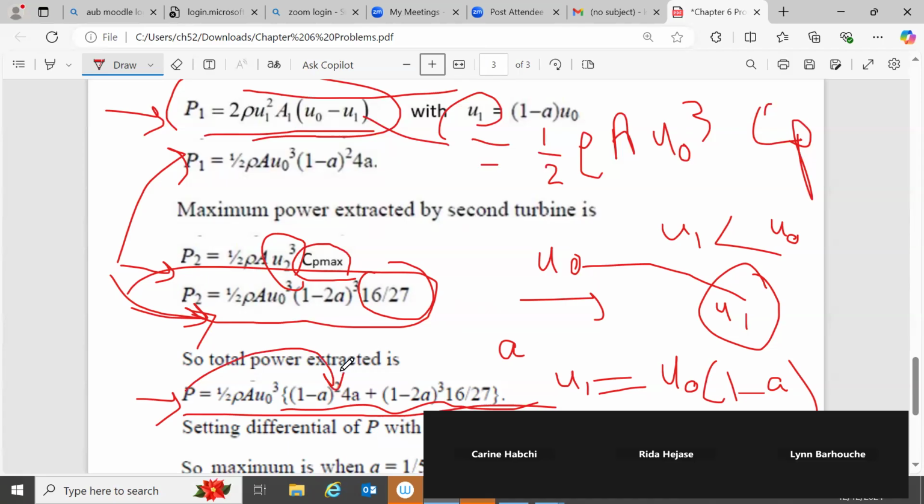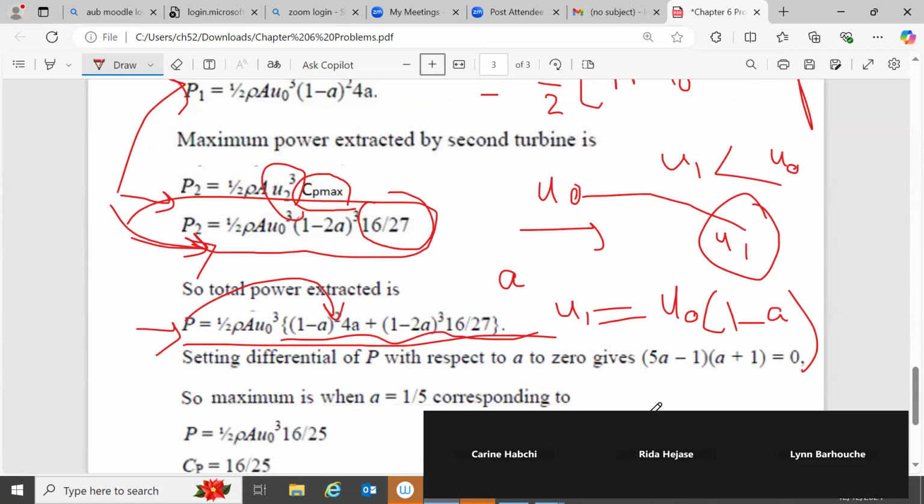If you add the two expressions, you get the power as a function of A. To find the optimal value of A that maximizes the power, we take the derivative of P with respect to A, which gives the expression (5A minus 1) times (A plus 1) equals 0. Of course, A equal to minus 1 is rejected, because A is between 0 and 1.